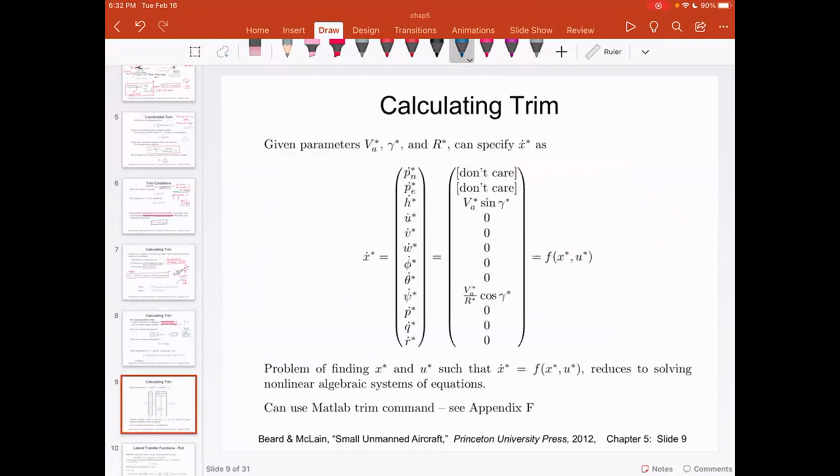So once you try to solve for the trim equation, here is what we are going to do. I want you again to refer to the equations on the first slide. And please note, we are going to substitute u dot equal to 0, v dot equal to 0, w dot equal to 0, phi dot equal to 0, theta dot equal to 0.